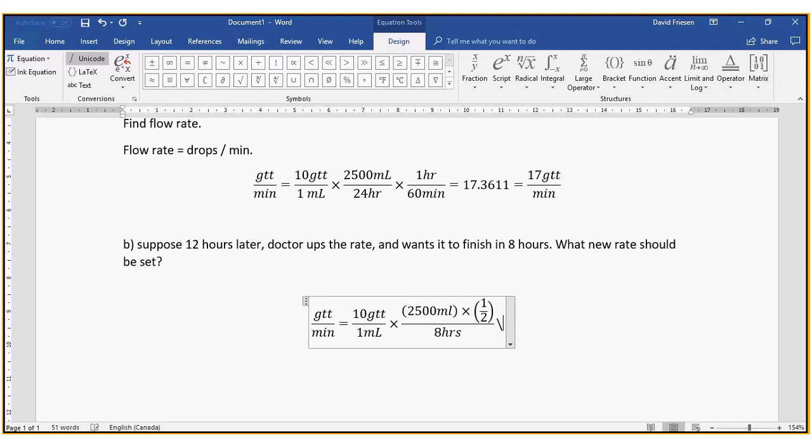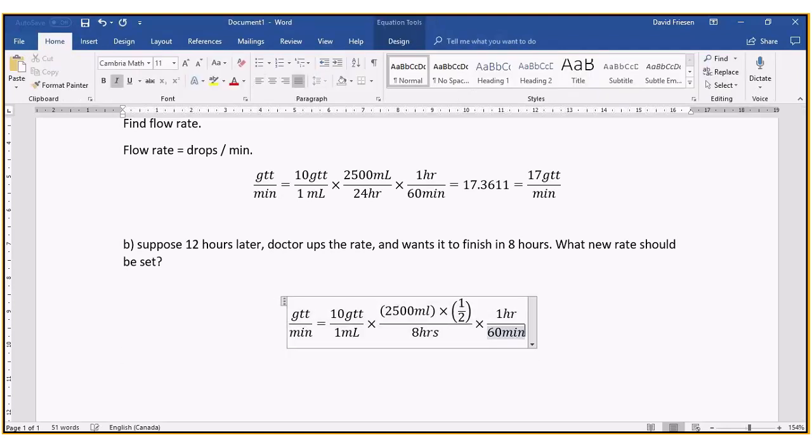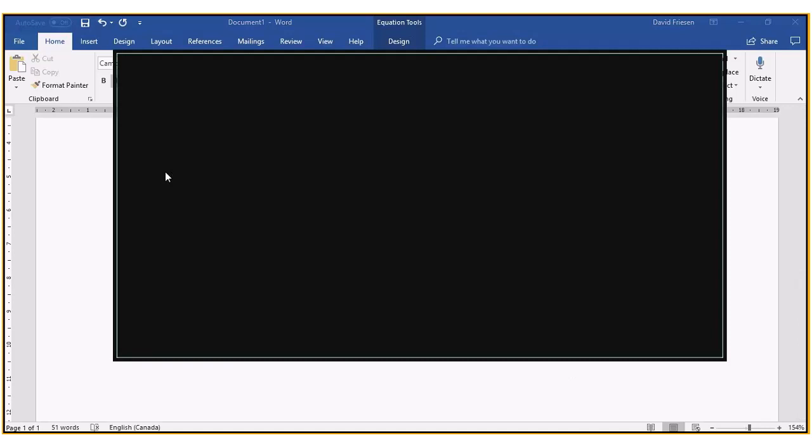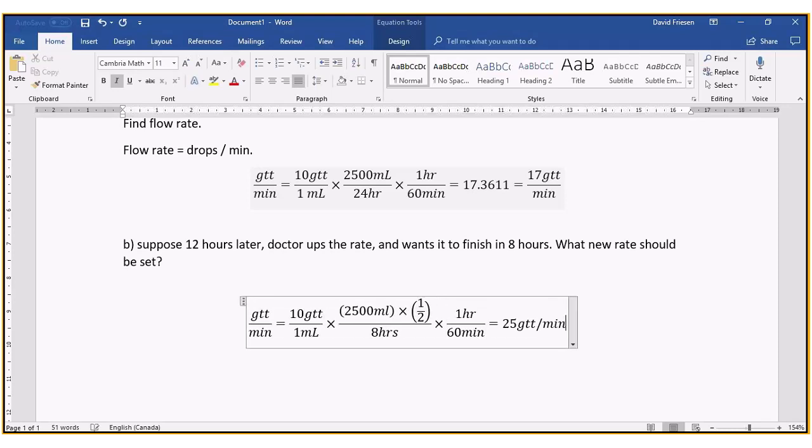And we still need to multiply by 1 hour over 60 minutes. Minutes is a keyword in the equation editor, which is why it gives me that box all the time. So now if we multiply this through, go over to my calculator, I get a new rate of 25 drops per minute.